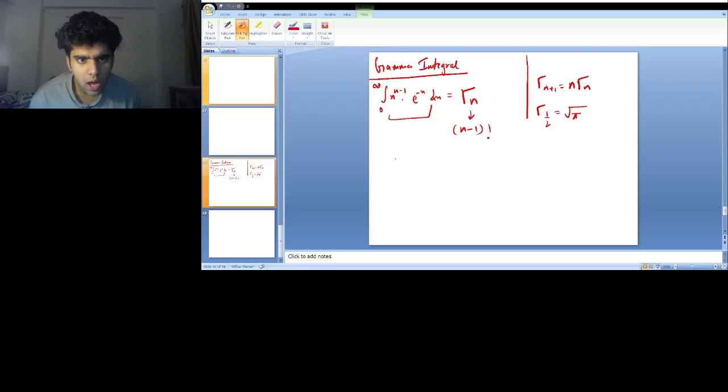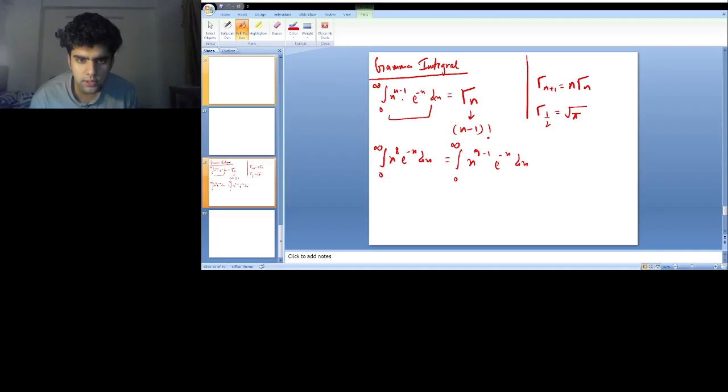For example, I have a term like x to the power 8 e to the power minus x dx from 0 to infinity. We know that our form is x to the power n minus 1, so I'll write this as x to the power 9 minus 1 e to the power minus x dx from 0 to infinity.